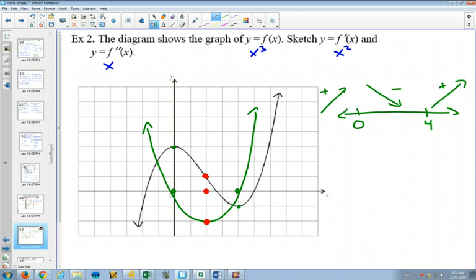Now, if we had our second derivative, and we're going to estimate that to be at 2, we would have found out that it was concave down here before and concave up after.